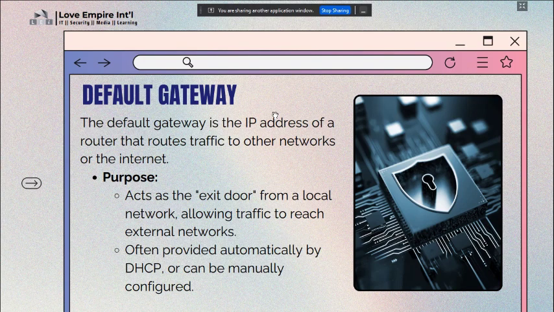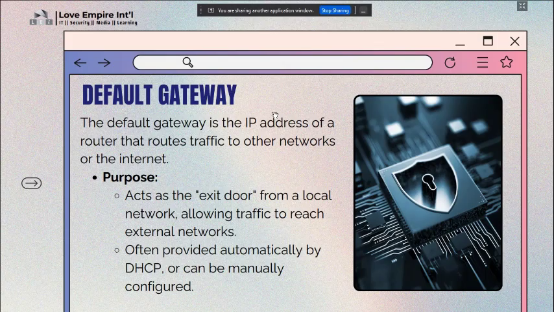Okay, let's look at the default gateway. When they say something is default, the default gateway is the IP address of the router that routes traffic to other networks or the internet. If you look at our configuration yesterday, when we started by configuring the router, those IP addresses that we put on each port of the router are what they are referring to as the default gateway.